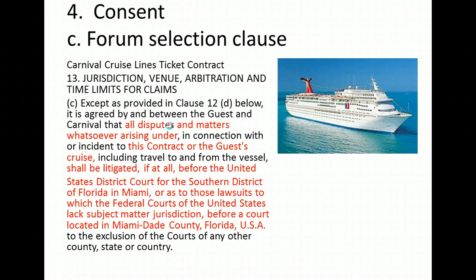So the effect of this forum selection clause is to say that you, the guest, by signing this contract or even by using this ticket, have consented to personal jurisdiction in the state of Florida. The Supreme Court has upheld the validity of forum selection clauses in contracts in case after case, including one based on the Carnival Cruise Line's ticket.